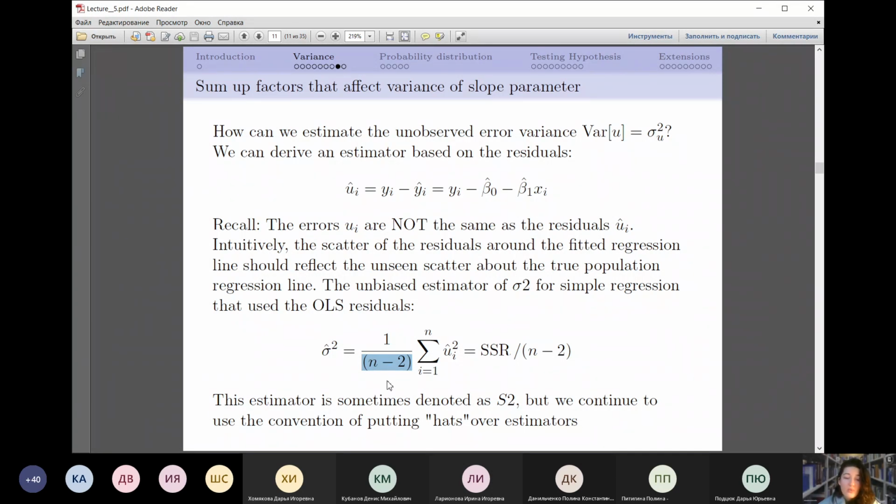So when we want to obtain the variance of the residuals, we need to adjust for degrees of freedom.